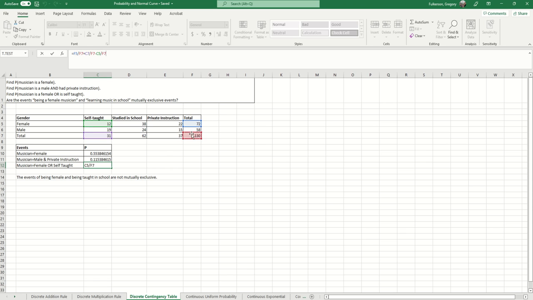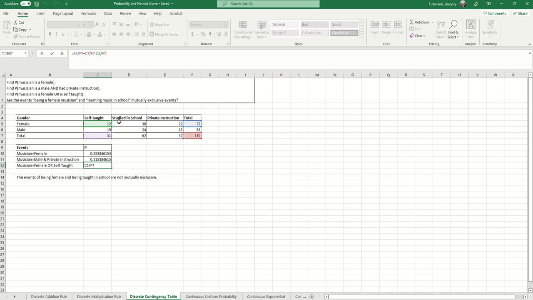So we have female, so it's 72 out of 130, plus being self-taught, which is 12 out of 130, but then we have to separate out the females who are self-taught because they're being double counted. So you see in the formula here, we're subtracting C5 over F7.